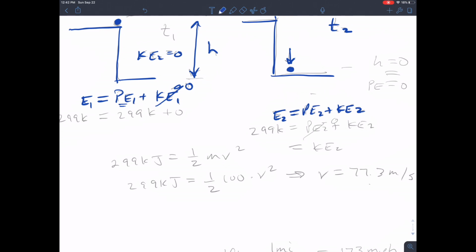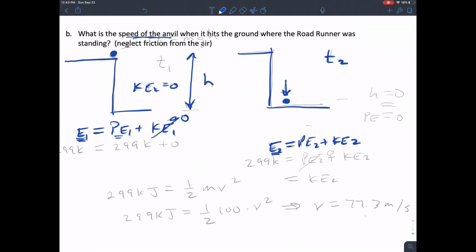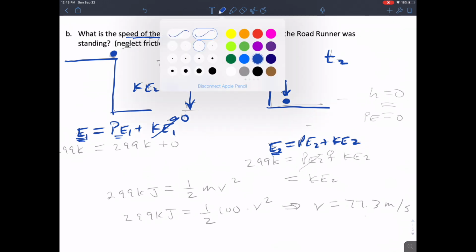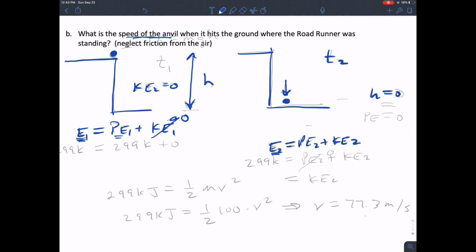All right, so that's what we know. At the second time, the energy is conserved between time 1 and time 2. All right, so the thing is, the potential energy, the height now, is equal to 0 because we're getting this right before it hits the ground. So that means the potential energy is equal to 0.